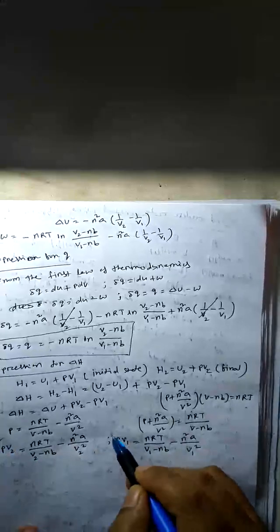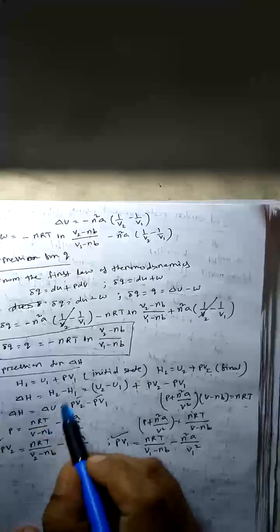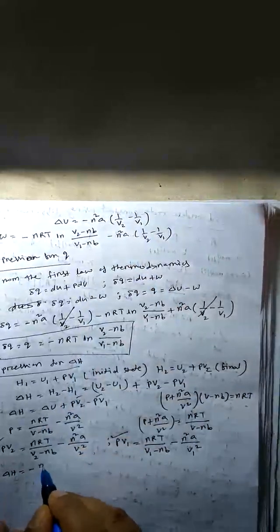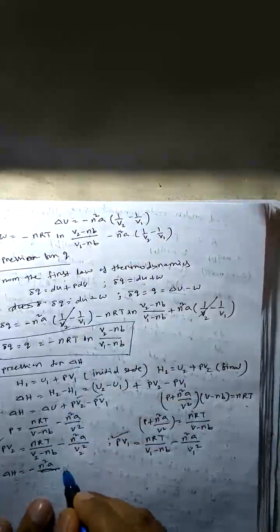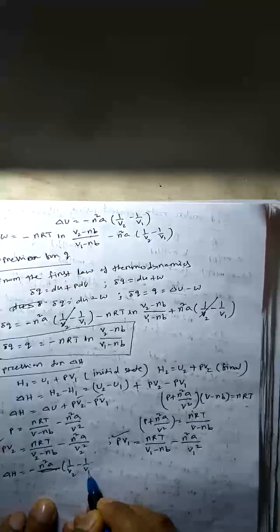Now put this PV2 value and PV1 value here, and this delta U value here. Then you get delta H. Delta H is equal to delta U, I put this value here, delta U minus n square a times 1 by V2 minus 1 by V1.